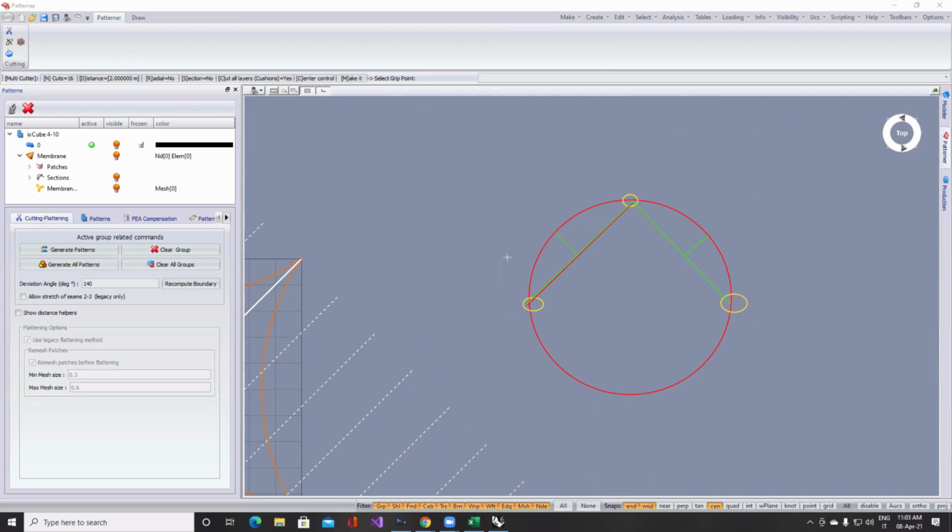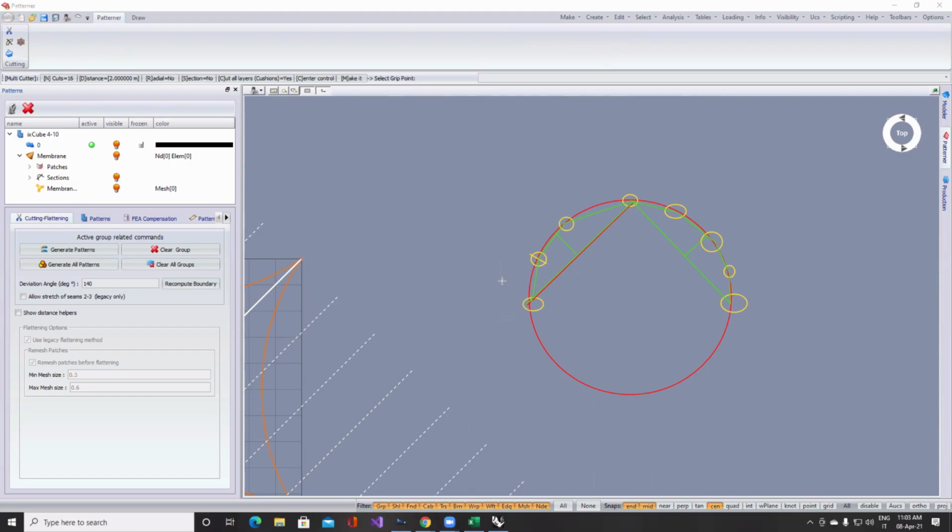Making more panels means that I make more points like that. And when it comes to the panels, my panels will be these here. So clearly, the surface that we are going to generate is much more accurate than the previous one.